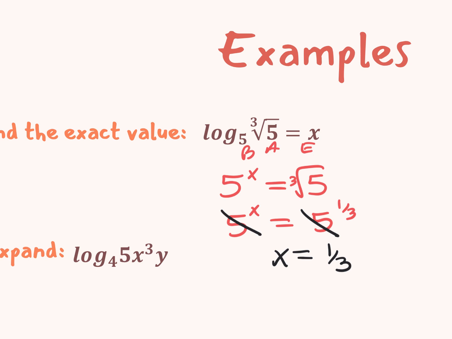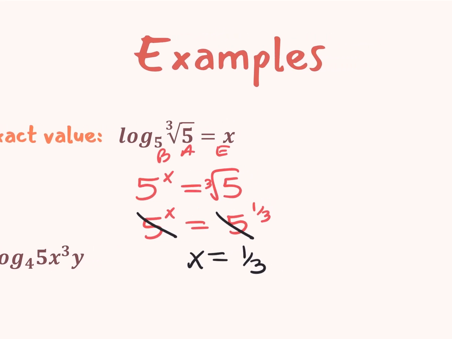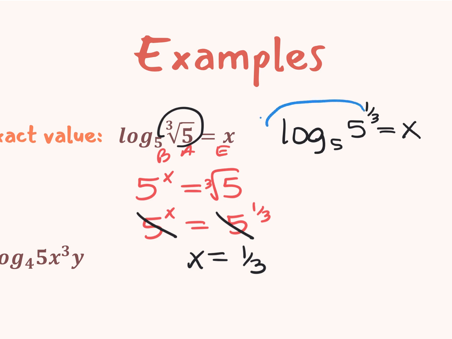The other thing you could have done is we could go ahead and convert this right here and make it 5 to the 1/3 power. And we can apply our power property that we just learned. And we're going to go ahead and we can pull the power to the front.